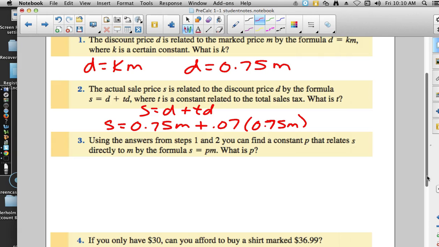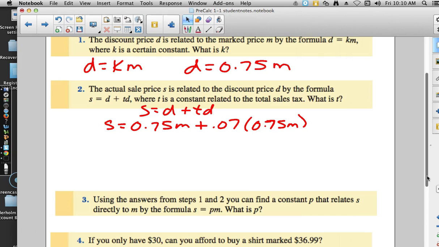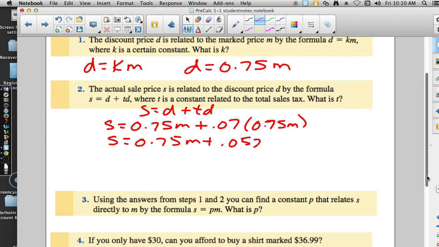So what this means is we actually could go a little bit further here. I mean, we can keep doing the multiplication and we can get a better formula. I don't leave myself enough space here for that. So if we take our little 0.07 times 0.75, we get this. And we notice, hey, they both have an M on them.